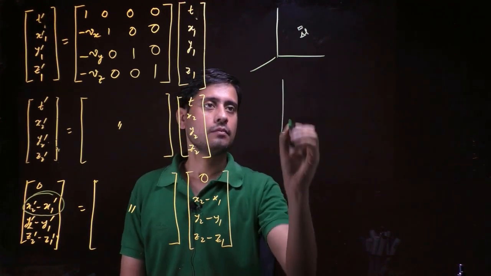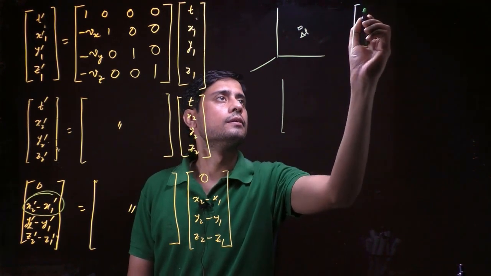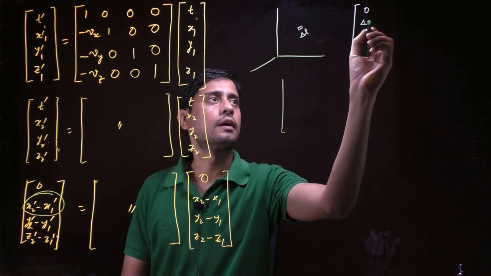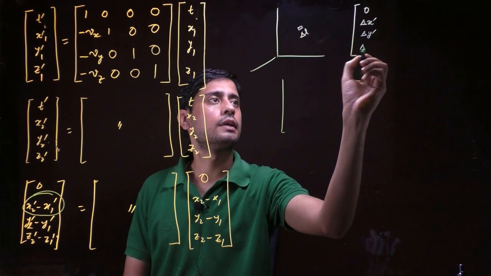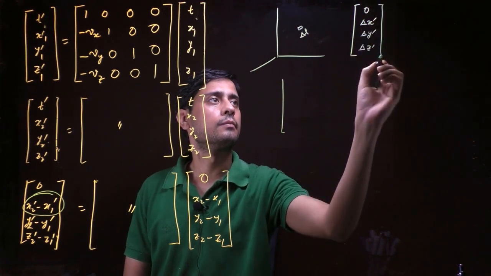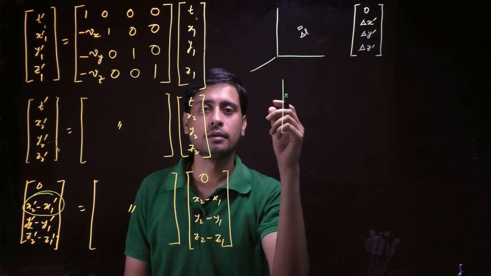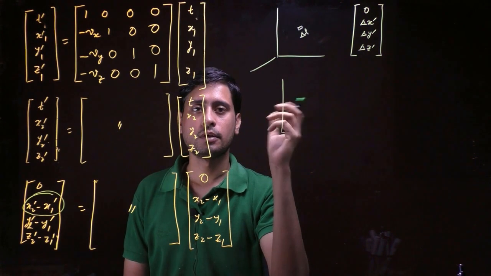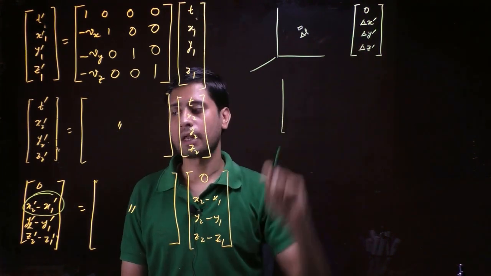So we will write it as 0, delta x prime, delta y prime and delta z prime. Now this small length, we assume, as we know, that it will remain the same in both reference frames, but we are calling it with another label, prime.